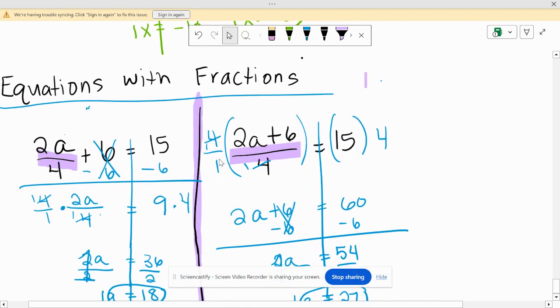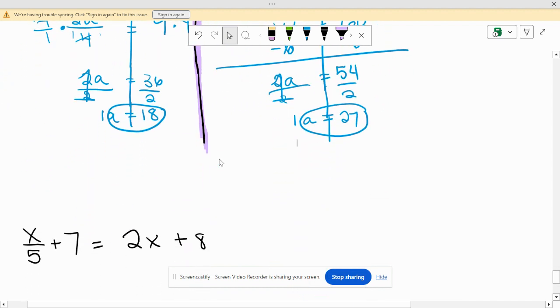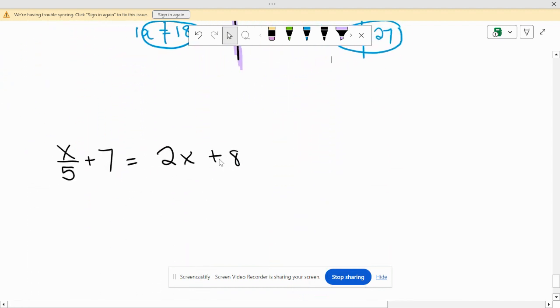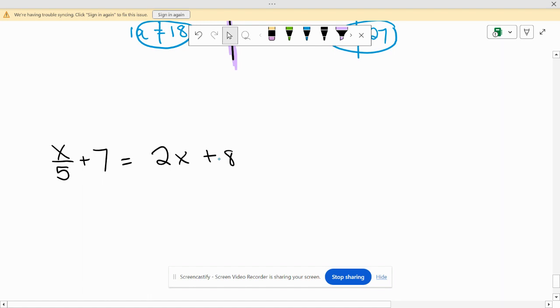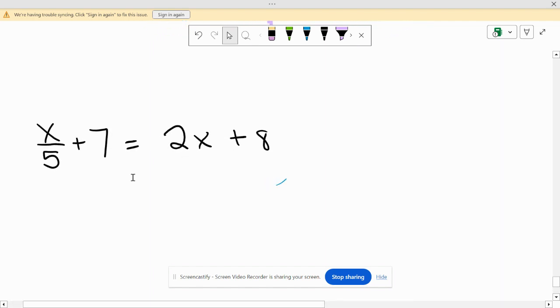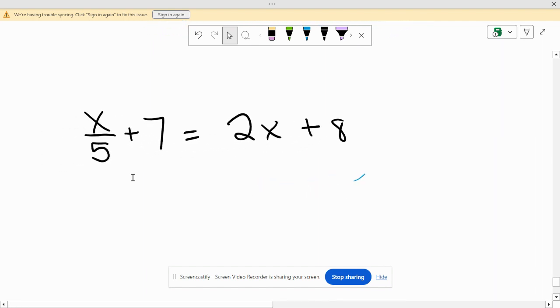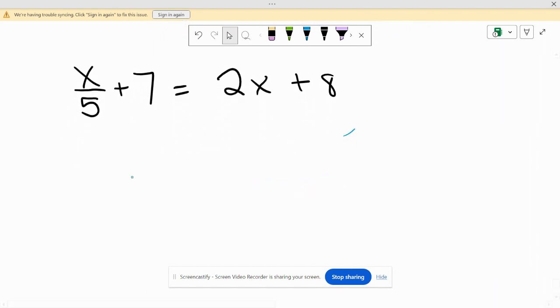Okay, let's take a look at two more examples. These ones get a little more challenging because we have multiple terms on each side. So let's take a look at this one here. I'm going to start by drawing my line down the middle. And let's see, I've got a couple of choices here. I could subtract 8 from each side.